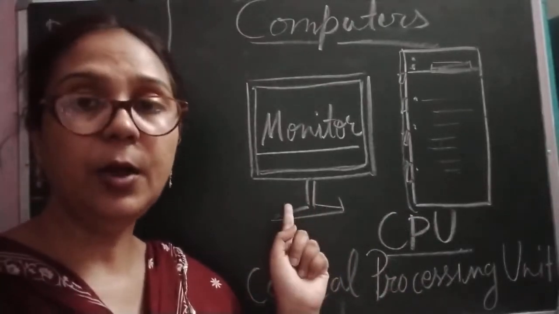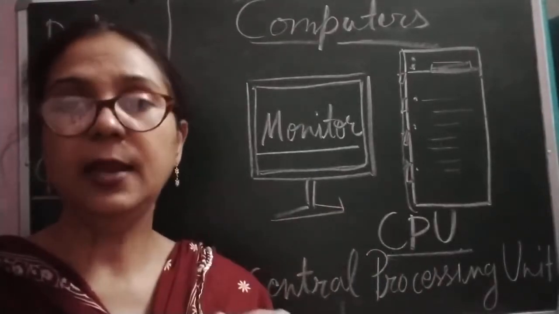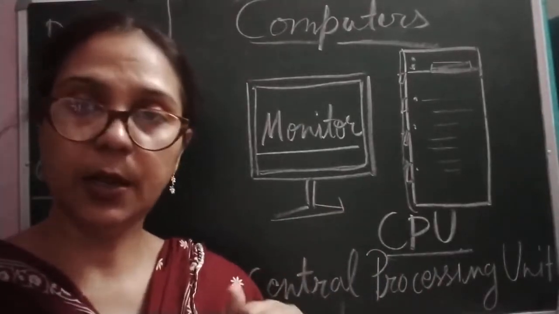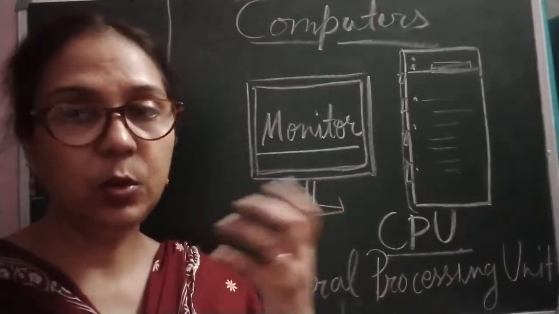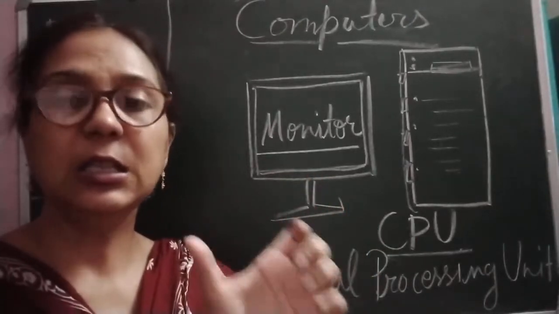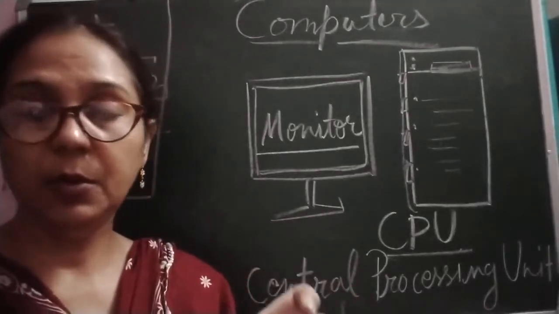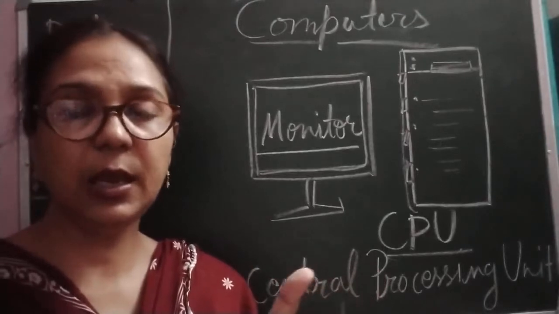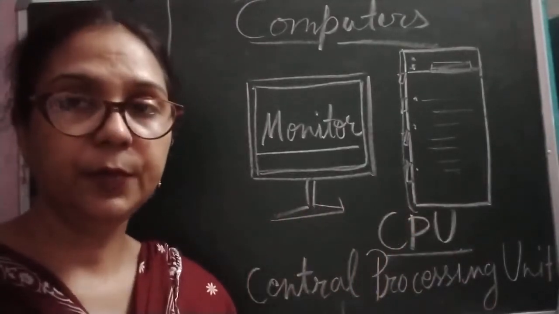And in our laptop, the CPU part you can find inside the circuit area. Everything in a laptop is placed in a very concise, brief way, because we can carry it easily anywhere, so this type of CPU box is not required there.